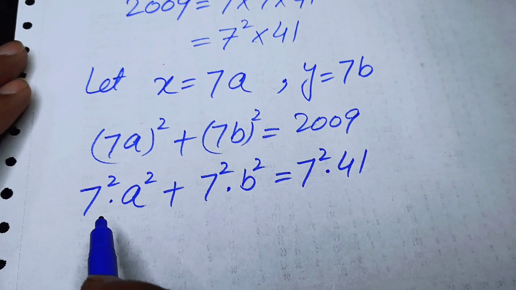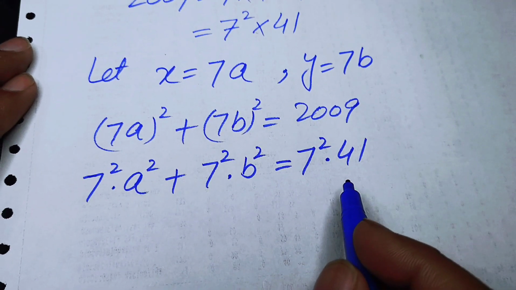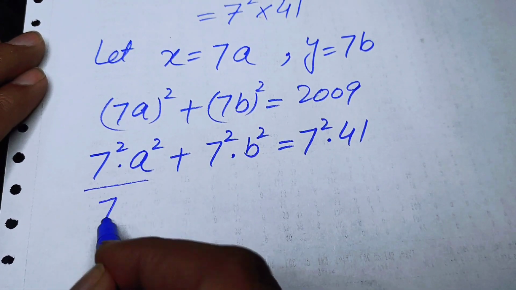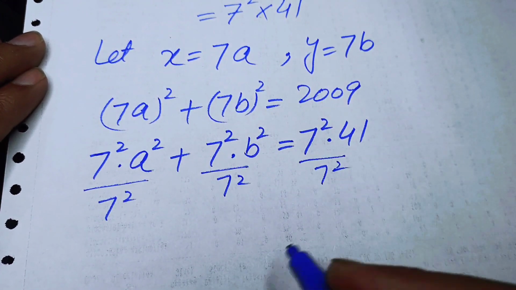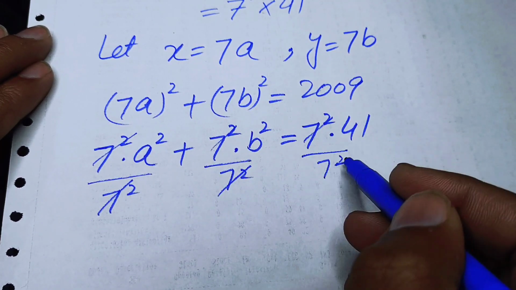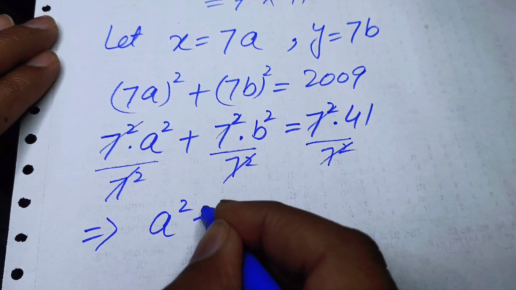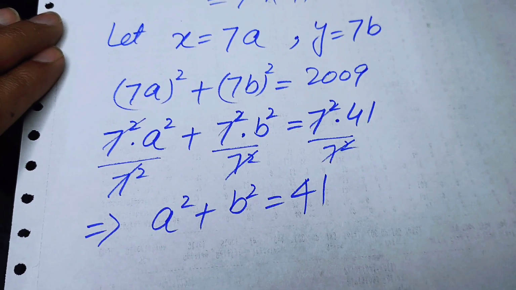Here we obtain 7 squared on each side, so we divide by 7 squared on each side, and these 7 squares are gone, and finally we obtain a squared plus b squared is equal to 41.